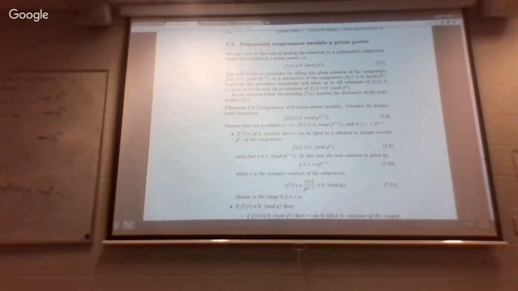So this is how you obtain your solutions to the original problem, f of x congruent to 0 modulo n. You split it up into this family of sub-problems, modulo each of the prime powers, the powers of primes. Look for solutions of those. If you do find some solutions for each of these, then you can take a selection of them.